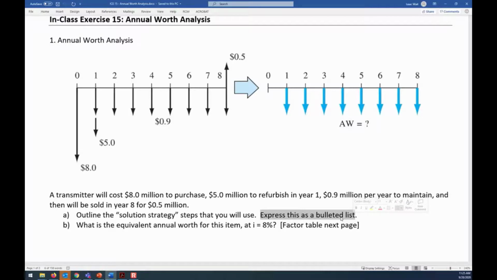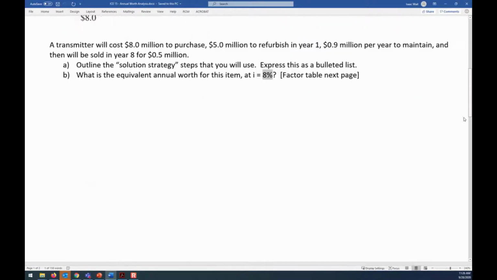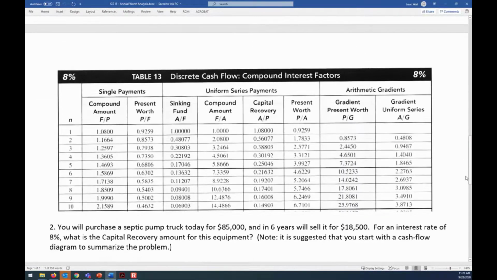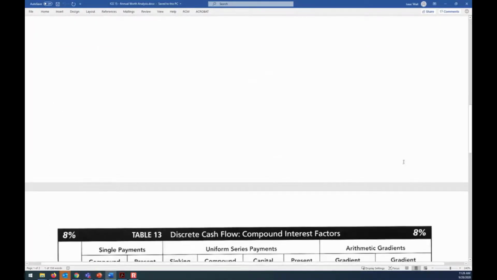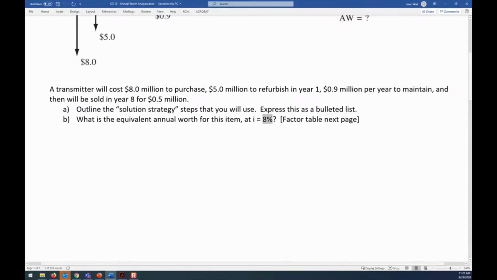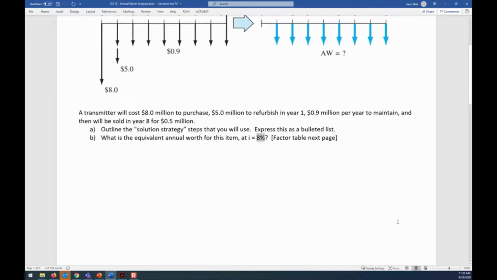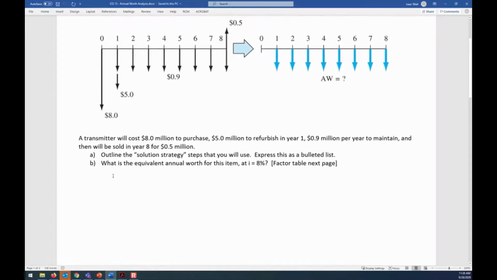And then once you have that written out, then you can actually start using the 8% table, which is here on the next page. Here's the 8% table. Let me bring it up so that we can look at both at the same time to find out what's the equivalent annual worth.